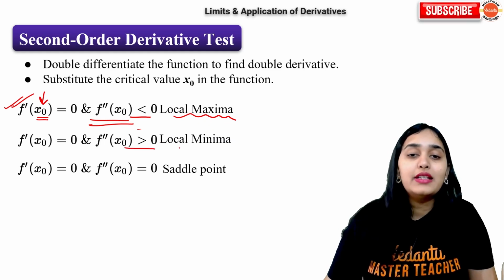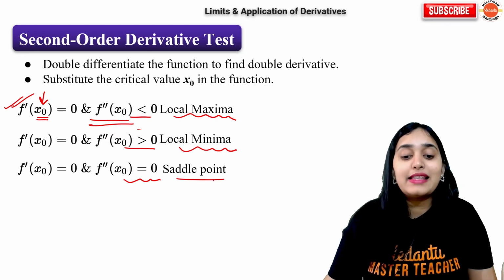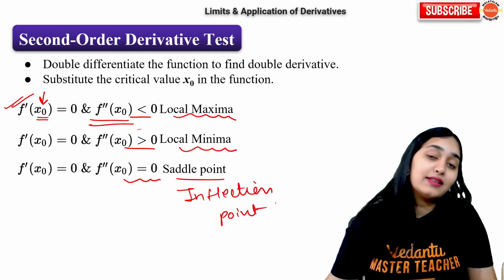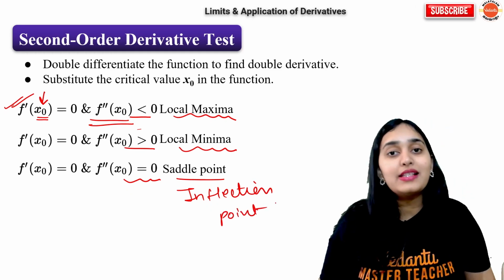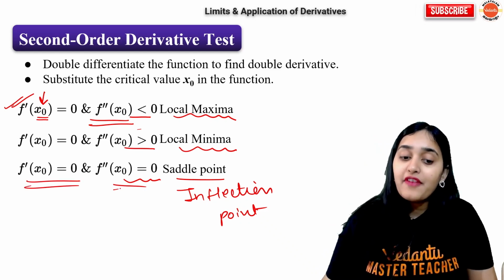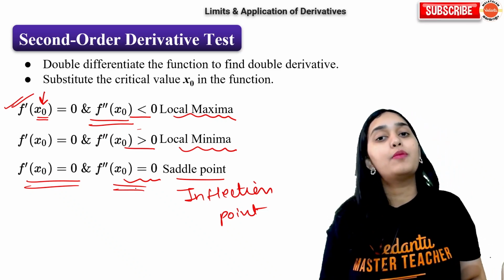Greater than 0, then it is local minima. If it is equal to 0, it is a saddle point, also known as inflection point. In the exam, they can ask you, what is the saddle point? What is inflection point? So, f dash x should be 0 and f double dash x should be 0. Then you can call it an inflection point.